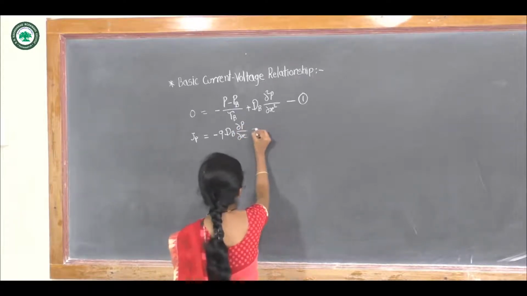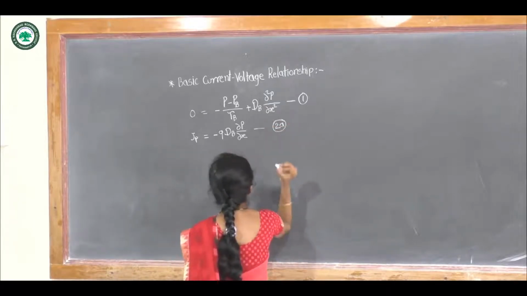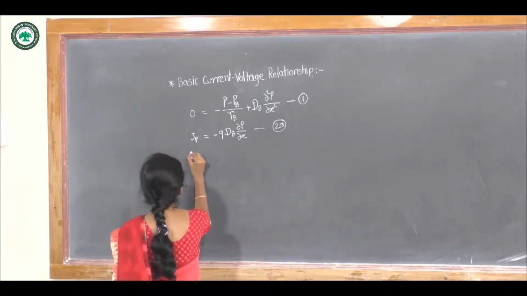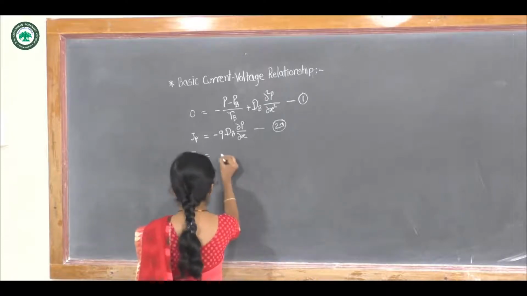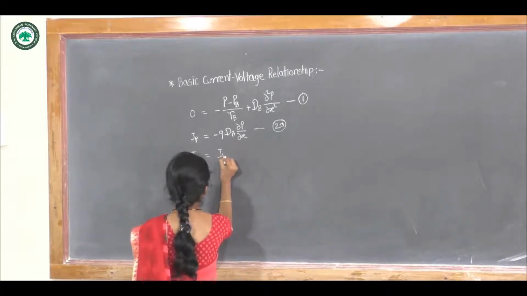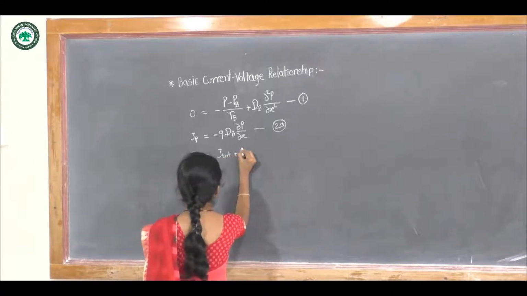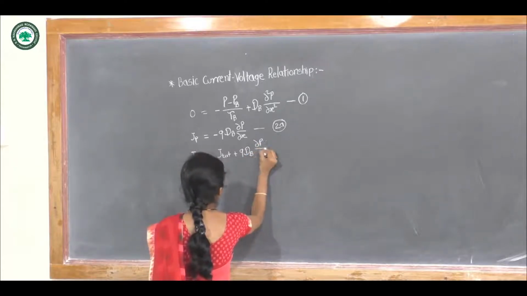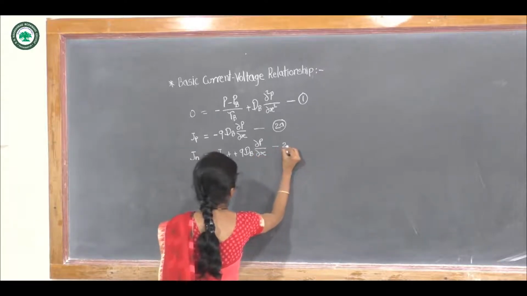This is equation number 2a, and for the electron current density, Jn is equal to J total plus Q into DB into del P by del x. This is the next equation, number 2b.